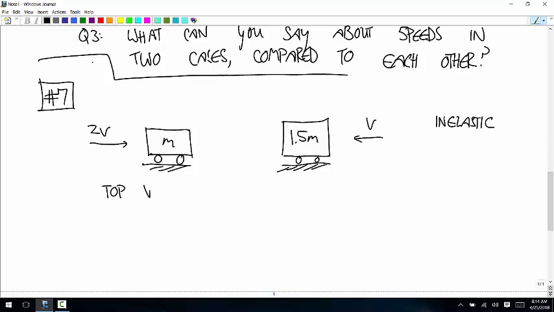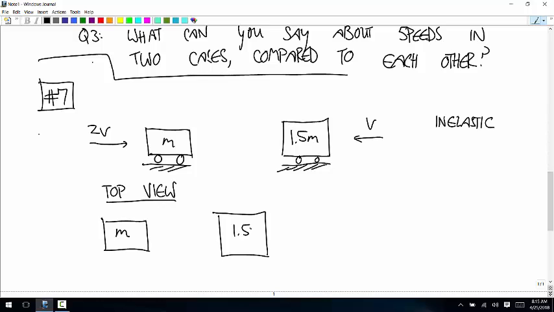So if you think of a top view, it looks like this. There's m, there's 1.5 m. Here's 2v, here's v.